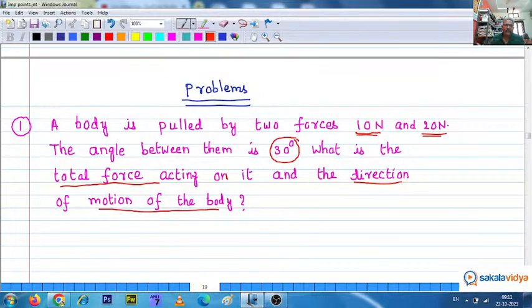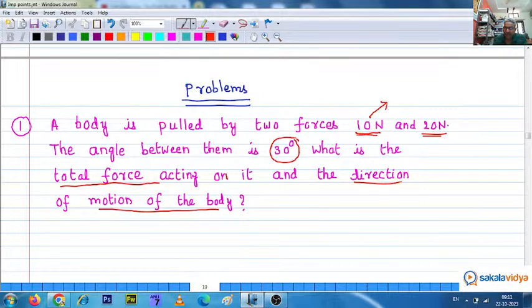First of all, in order to solve any problem, we need to decide what is the given data, what needs to be evaluated, and what sort of formula we shall apply. In this one, the two forces are given.